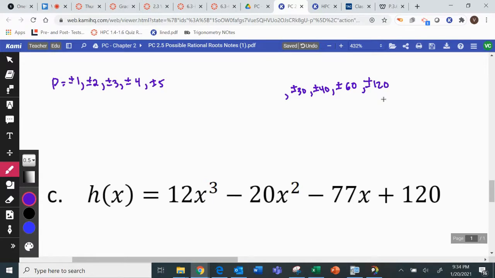5 goes into it 24 times, 6 goes in there 20 times, 7 does not. 8 does 15 times.